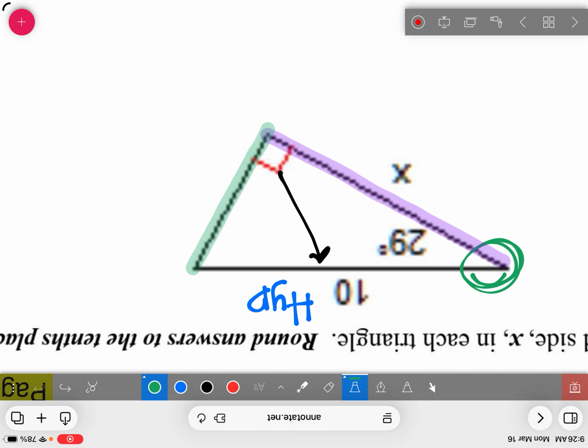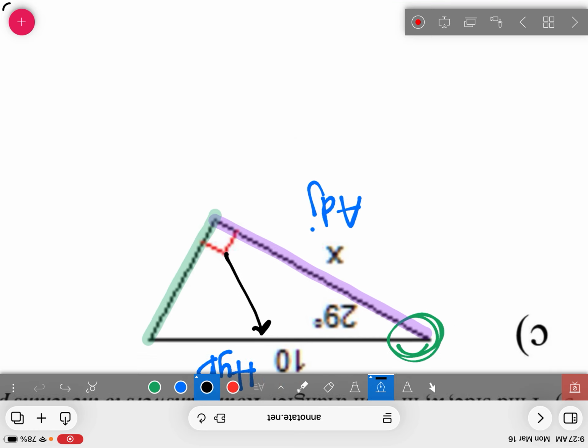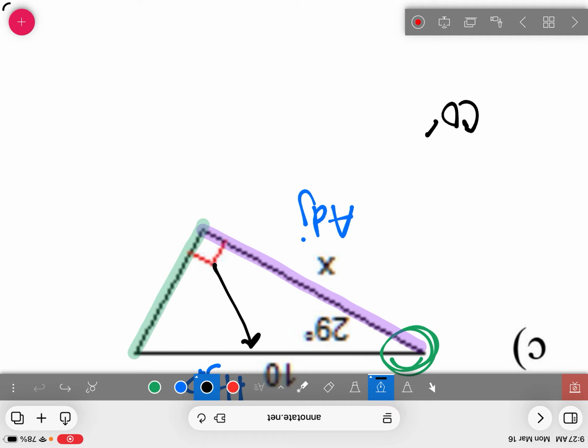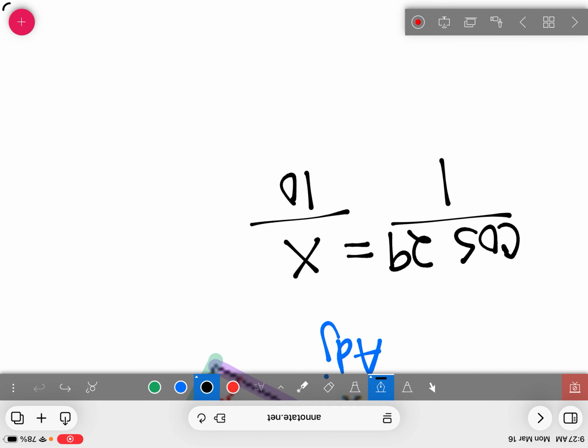So what trig ratio uses adjacent and hypotenuse? Cosine of 29 degrees equals adjacent, which is my x, over hypotenuse, which is 10. Put this over 1. Let's cross multiply it. Solve it for x.